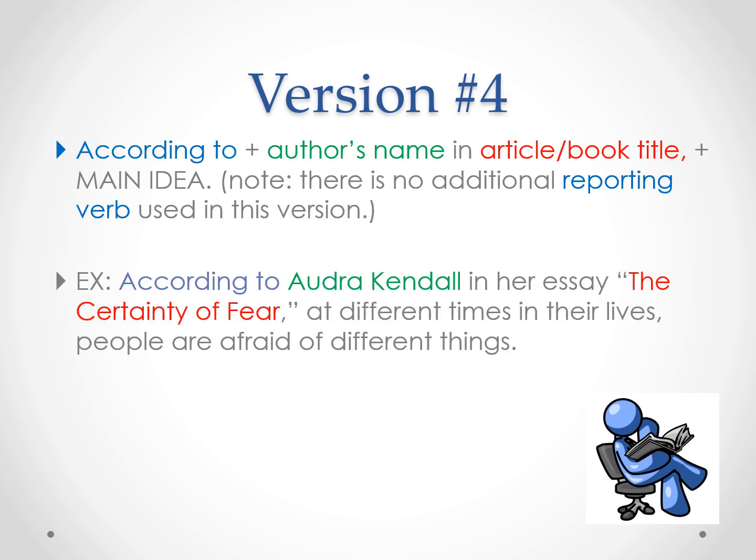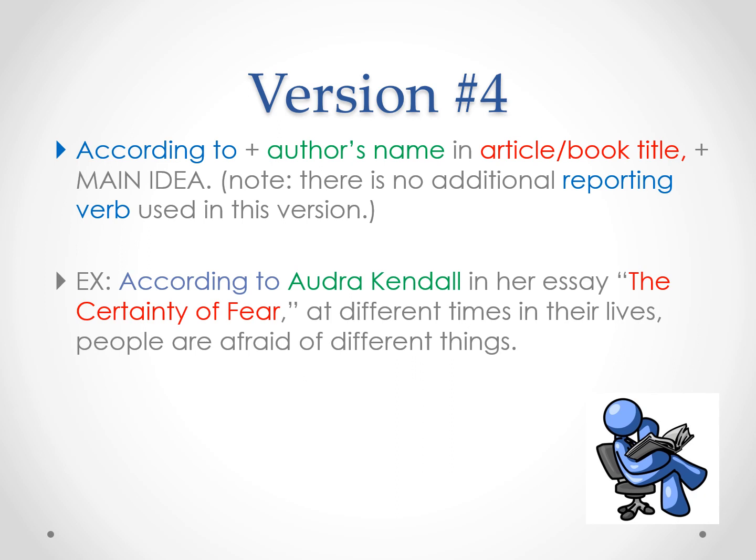And then our fourth version is a little bit different than the other three. We'll notice that in this version, we only include the author's name, the title of the book, and the main idea. We don't include a reporting verb. So we're going to start off with the words "according to," then the author's name.